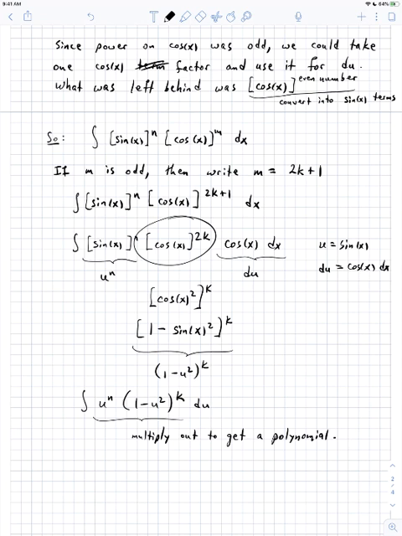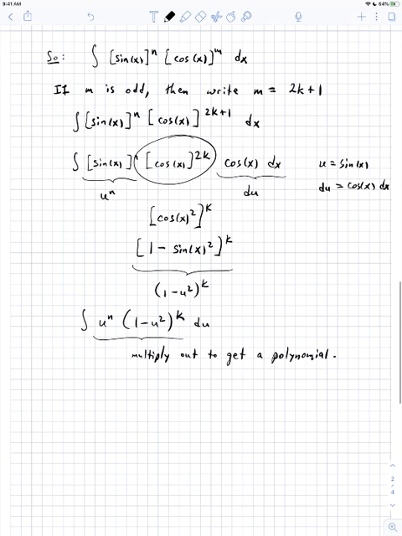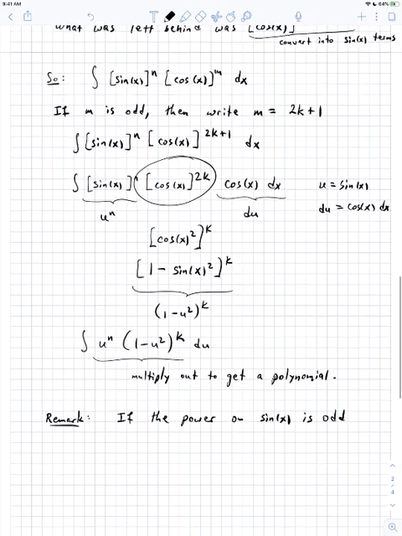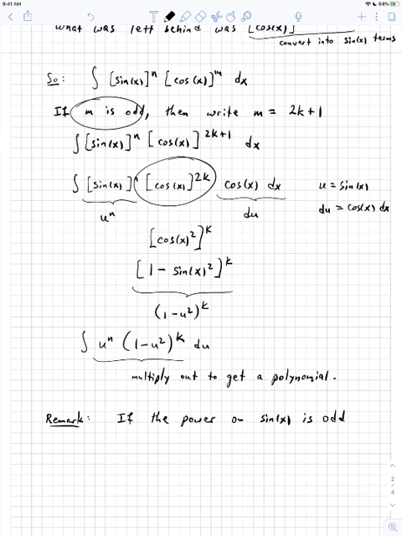In this case, we were assuming that m was odd, but this would work just as well if the power on sine was odd. You just flip things around. So remark, if the power on sine x is odd. So in the first case, we were looking at m as being odd, and m is the power of cosine.